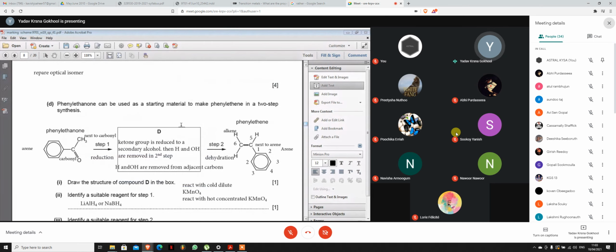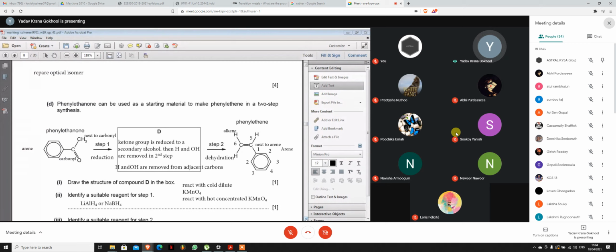Now here, this one. This is the carbonyl. This carbon, C double bond O. There, it is carbonyl. So automatically, we take next to carbonyl. Okay? Automatically, we take next to carbonyl. This is an arene. So automatically, we take next to arene. Okay?